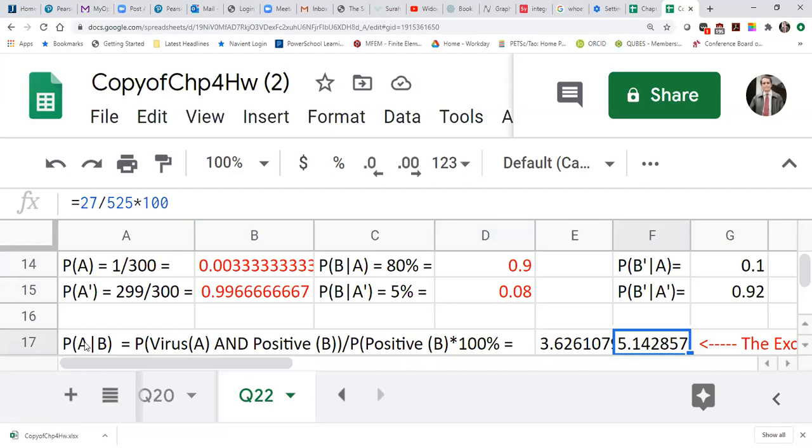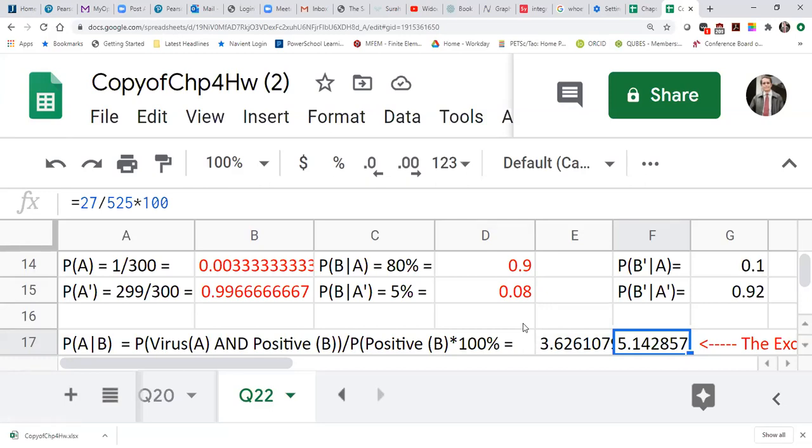Remember, for A given B, in this case A is the virus and B is positive. If looking for the virus given positive, the answer is the probability of virus and positive divided by the probability of positive.